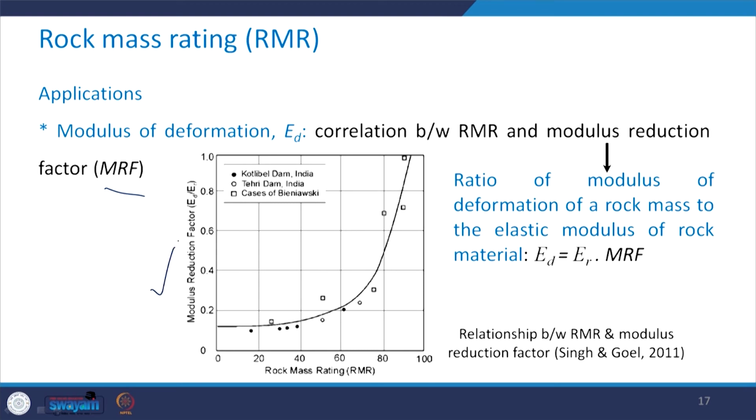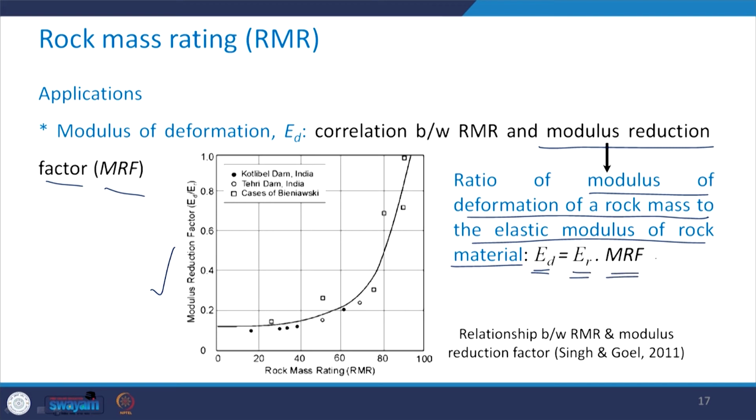This factor, modulus reduction factor or MRF, is defined as the ratio of modulus of deformation of the rock mass to the elastic modulus of the rock material. When I say elastic modulus of the rock material, I am talking about the intact rock. So, you can see here that the deformation modulus will be the elastic modulus of the rock material multiplied by this factor, which is MRF, modulus reduction factor.